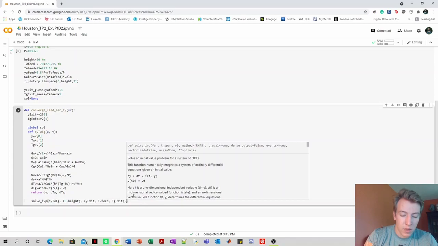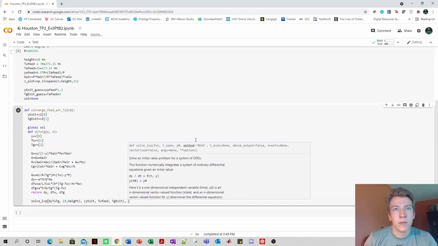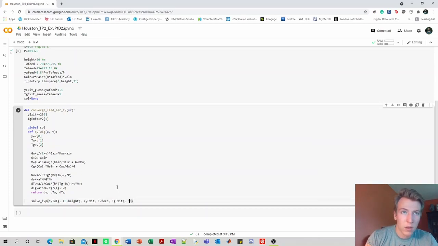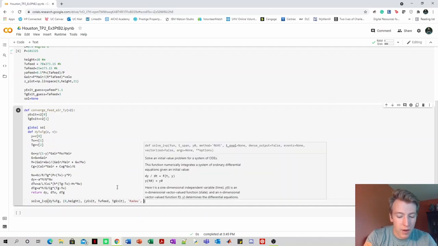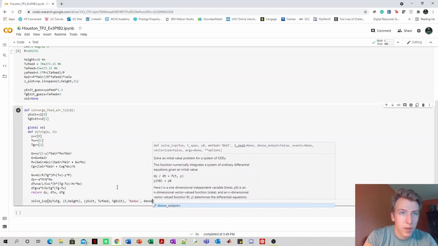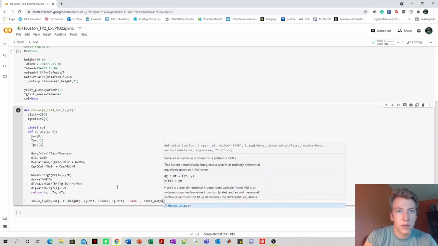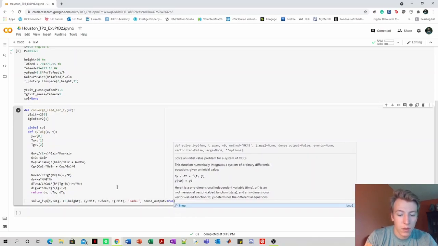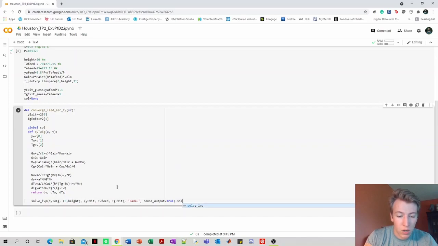Next you want your integration method. As you can see, they use RK45. We use Radau, so that is Radau, comma, and then for computing a continuous method, we want dense underscore output equal to true, and that's going to be dense sol at z underscore plot there.